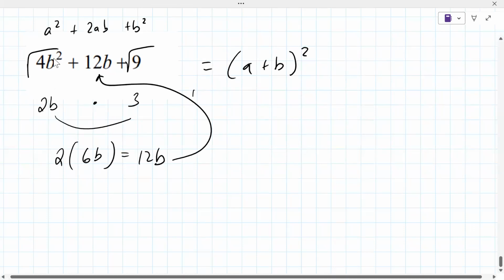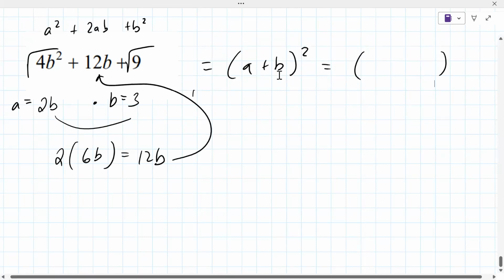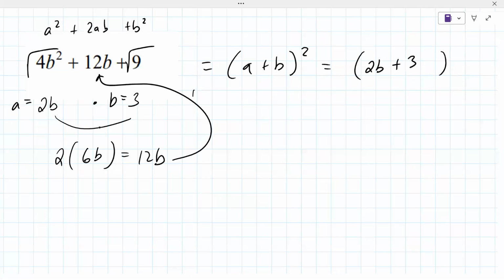Now, a represents this first thing, b represents the second thing. And what would we end up writing here? I can't really remember. It's right here in the middle. What's a? What's b? 2b times 3. Plus 3.